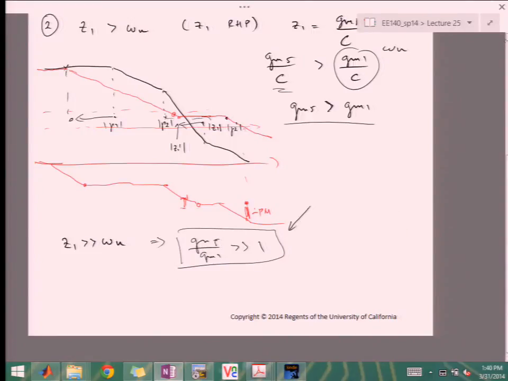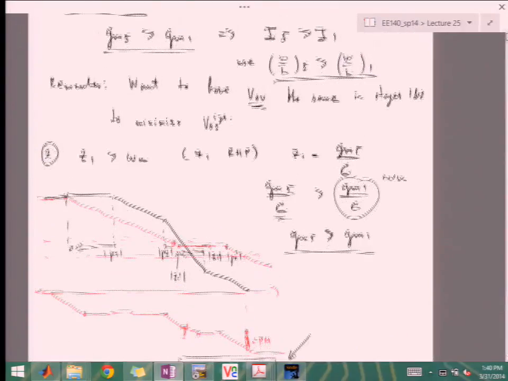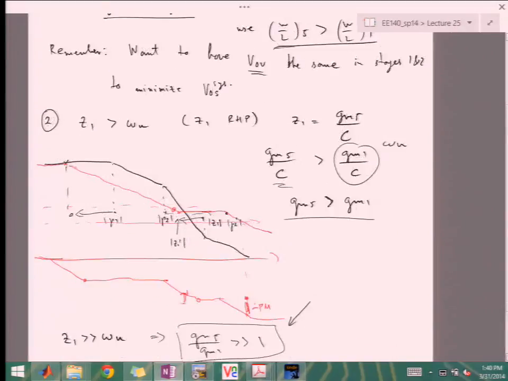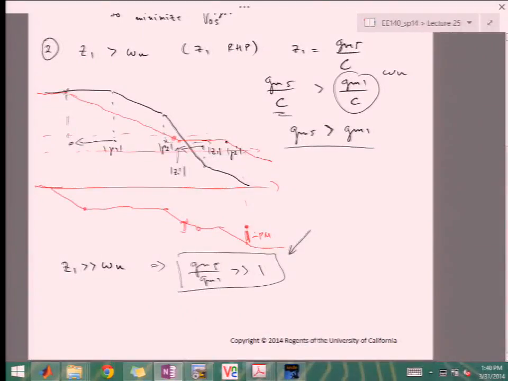As we said here, we wanted W over L5 greater than W over L1, representing GM5 greater than GM1. That was just for systematic offset. But this condition is actually much more problematic than just that. It's in general the conflict between offset and stability.